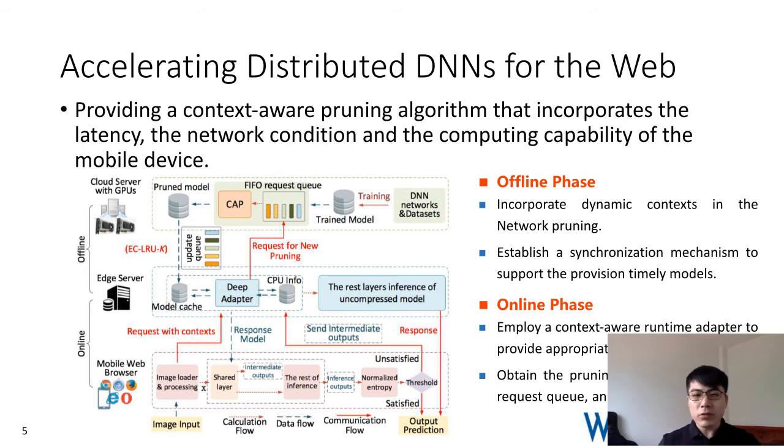For each new request, we first leverage the edge server to process the mobile user's request, and then we send the pruning requirement to a message request queue of the network pruning module on the cloud server. The network pruning module obtains the requirements from the request queue, then prunes the network and updates the pruned model to the model cache of the edge server for the next similar request.